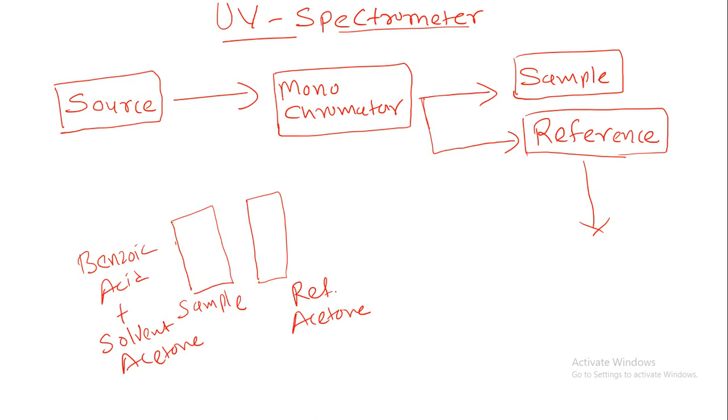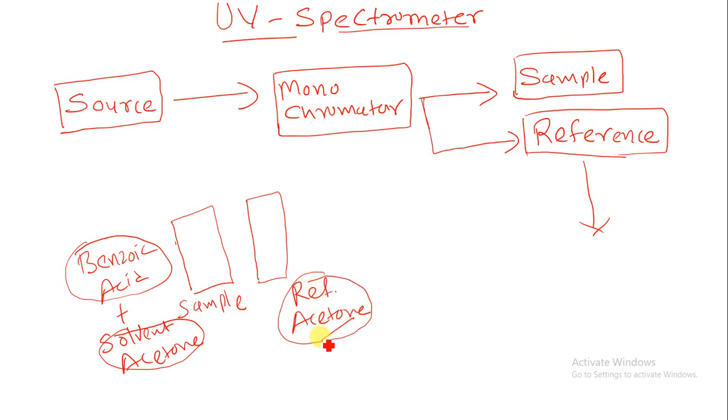Again, if I want to take a benzoic acid UV spectrum, I have to take benzoic acid as the sample material, and it can be dissolved in any solvent. Just as an example, benzoic acid plus the solvent acetone makes the solution. Then I take acetone as the reference material.